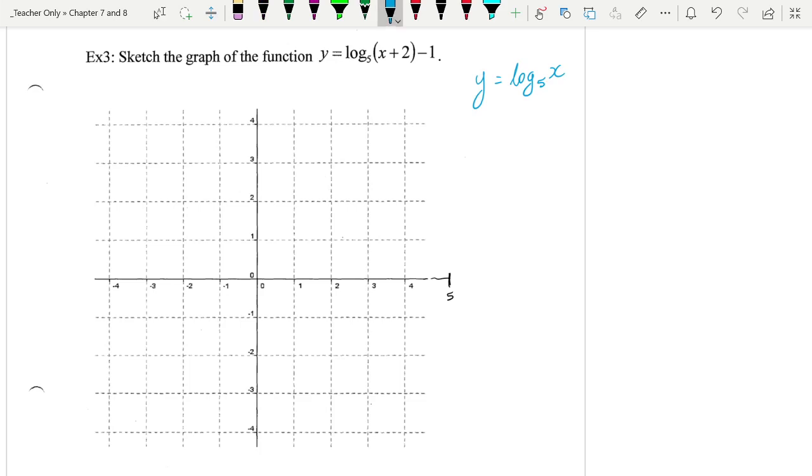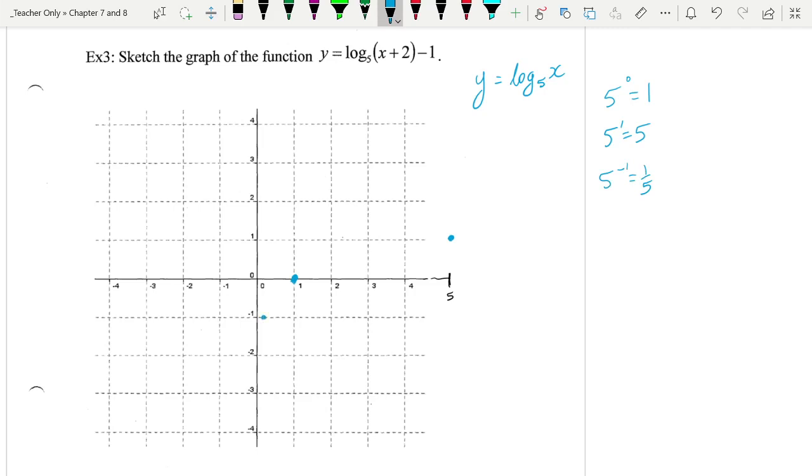So when I know I go through this point here, because I know that 5 to the 0 makes 1. All right? And then the next place that I know I'll go through is 5 to the 1 makes 5. So I'm going through this point here. And then 5 to the negative 1 is 1/5. So 1/5 of the way over.